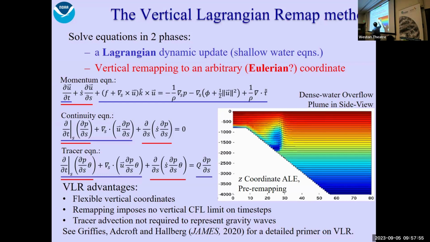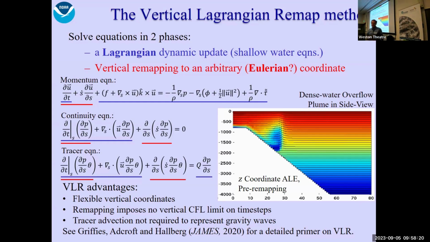And so you can see the continuity equation displaces the interfaces, but then we'll remap it, in this case, back to the z coordinate or to whatever coordinate you want. If it's a purely adiabatic model and you use, say, an isopycnal coordinate, there's no remapping needed. The model basically takes into account the vertical velocities via the movement of the coordinate surface.